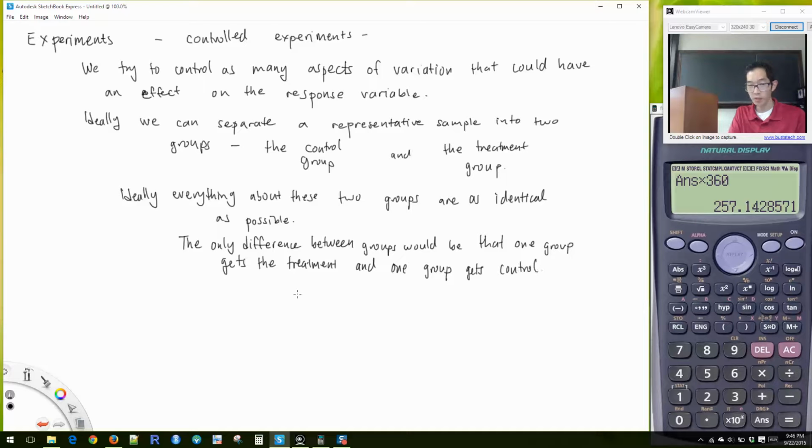So for example, experimental drug versus placebo.